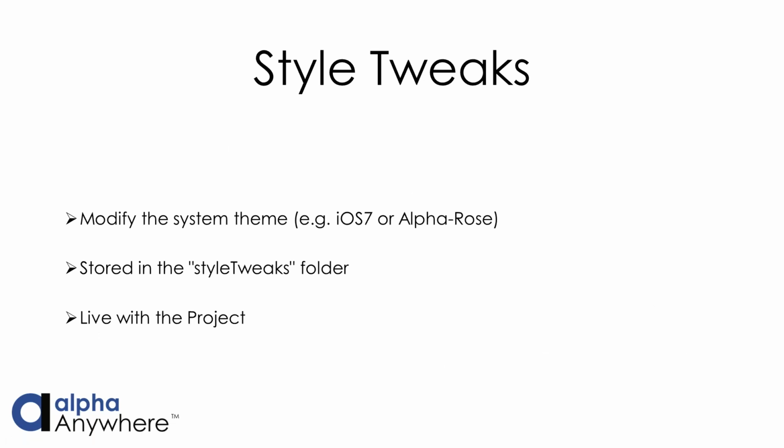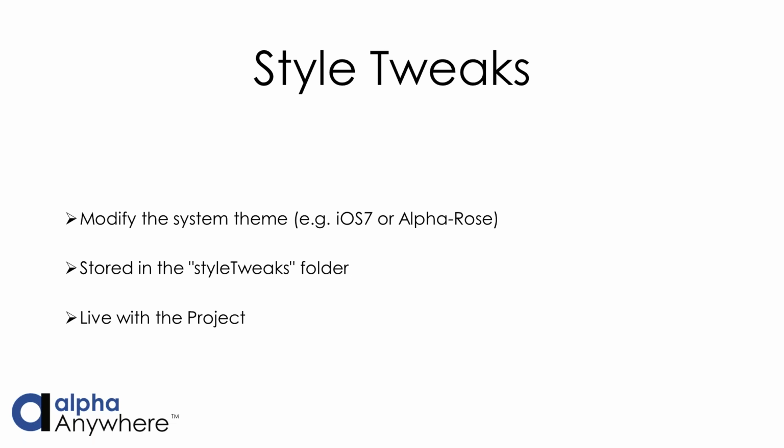So all of this plays into modifying a system theme. Style tweaks override the system theme. They are stored in a special folder in your project, and they live with your project. All of the modern Sass themes, previously called version 4, I believe, but now we're calling them Sass themes, can be tweaked.